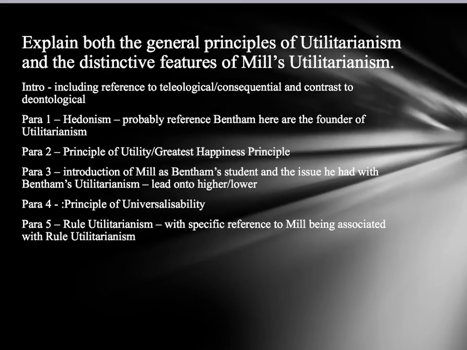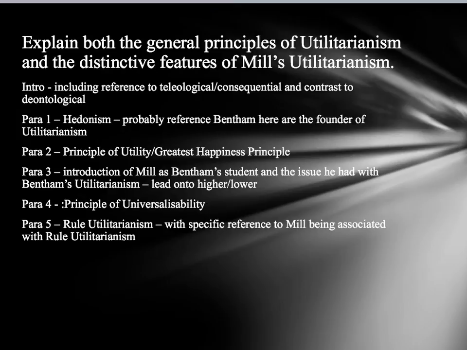So again, the first three paragraphs, including the introduction, are the general principles. Then we need to talk about Mill specifically, and so you really need to introduce Mill at some point and contrast him to Bentham. What I would do is do that at the start of paragraph 3, and say how he had an issue with Bentham's utilitarianism based on quantity, which led him to higher and lower.